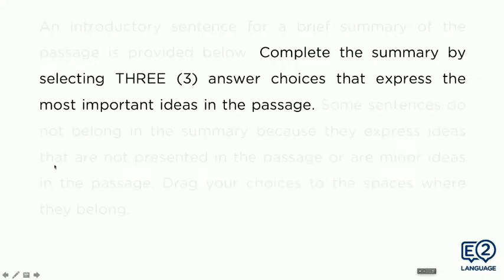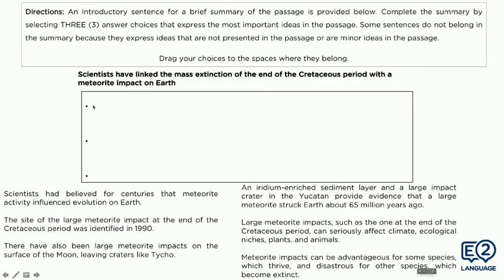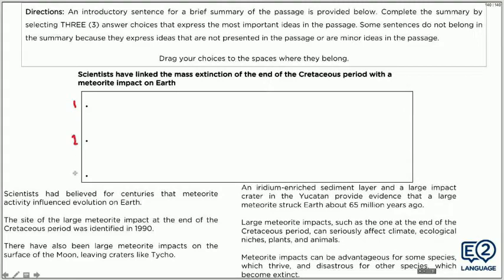Okay, fine. What's next? Complete the summary by selecting 3 answer choices that express the most important ideas in the passage. So here you can see 3 dot points, right? We've got 1, 2, 3. And down here we've got 1, 2, 3, 4, 5, and 6 sentences. So we need to choose 3 of these sentences here that add information to this, based on that text that we saw, which was actually in the text.